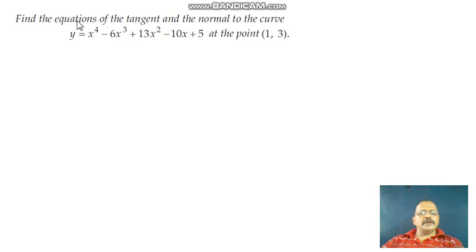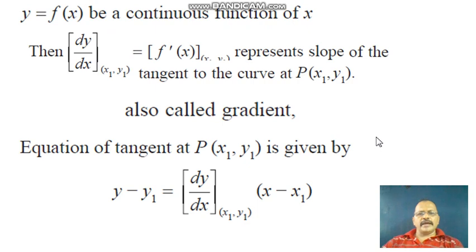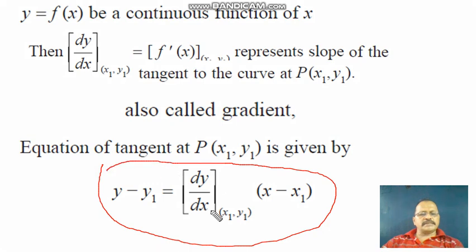Let us solve some problems related to tangents and normals. The first problem I have taken is: find the equation of tangent and normal to the curve y equal to x raised to 4 minus 6x cube plus 13x square minus 10x plus 5 at point (1, 3). We have just seen the equation of tangent at P (x1, y1) is y minus y1 is equal to dy by dx at (x1, y1) into x minus x1.